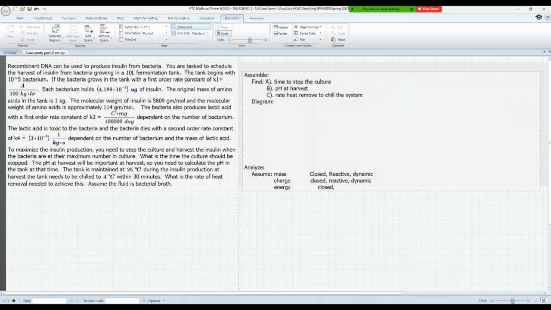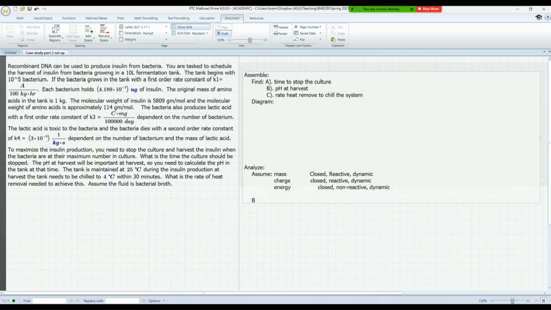So when you're evaluating this system for the energy, this is going to be a non-reactive system. There's not going to be really any input of energy during this to change the temperature, or the reaction is not going to be a significant change for this 30 minutes. But it's still dynamic. The temperature is changing from the beginning to the end.